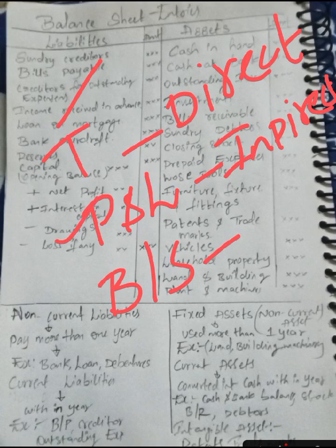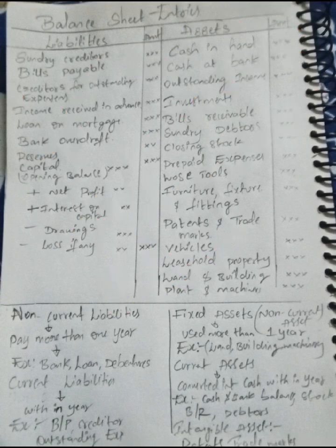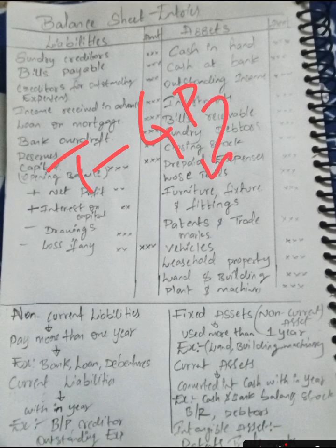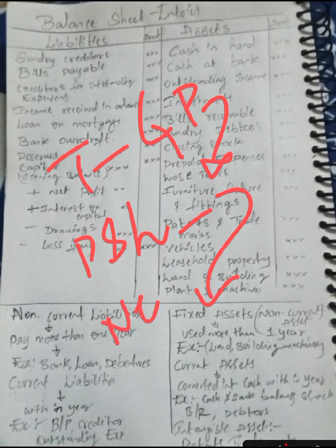After that, in the trading account you will get gross profit, which you are going to enter in the profit and loss account. After preparation of the profit and loss account, the final value that you will get, net profit or net loss, we are going to transfer to the balance sheet.